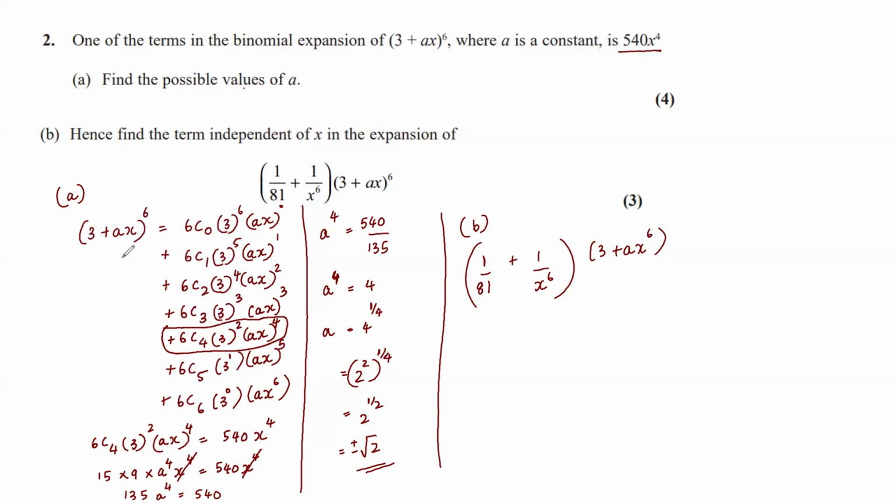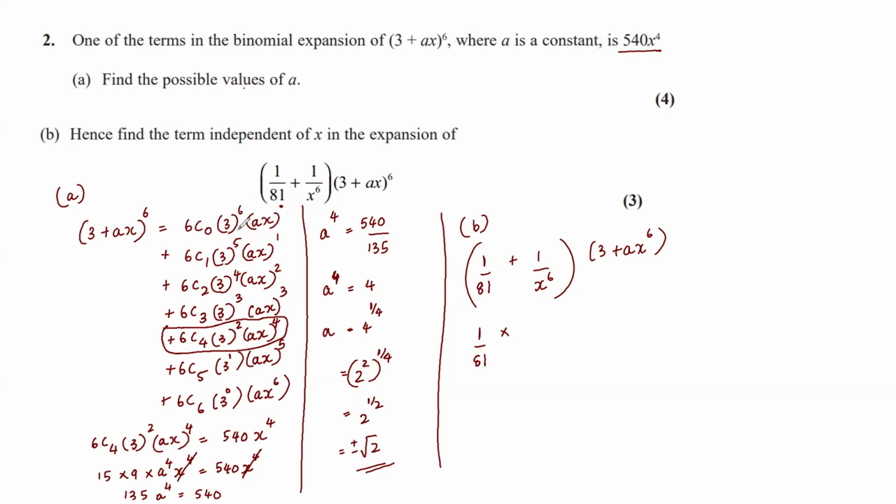(3 + ax)^6, we already did the binomial expansion here. So 1 by 81, when we multiply it with the first term, which does not have any x term, so that is 1 by 81 multiplied by 6C0, which is 1, (ax)^0, that is also 1.